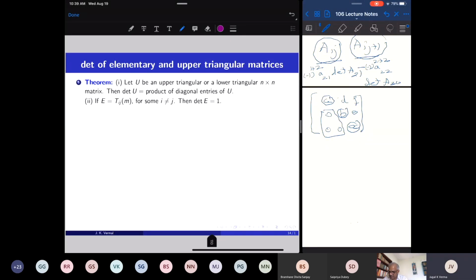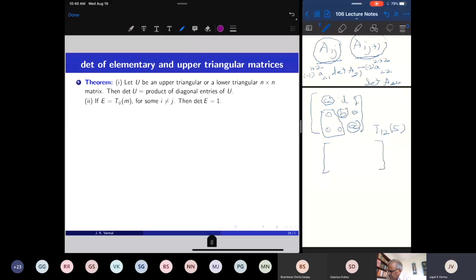So consider the elementary matrix Tijm. That is, we are multiplying ith row by m and adding to the jth row. When i is not equal to j, then determinant of this matrix is 1. Remember how this matrix looks. Let us say T12 of 5.